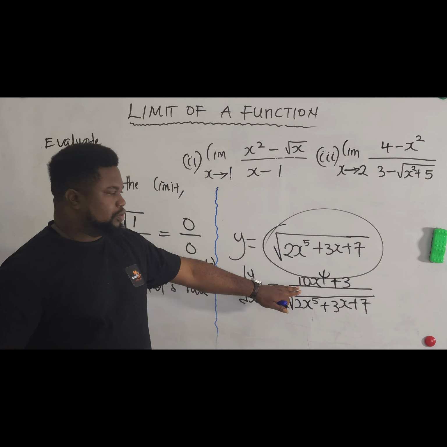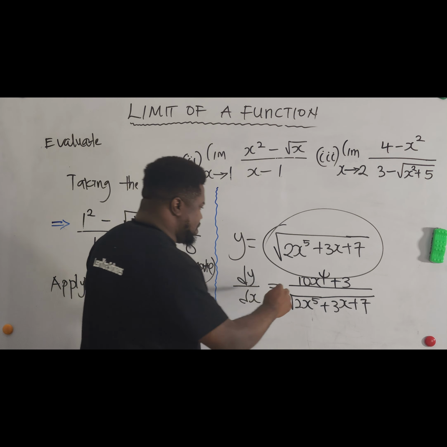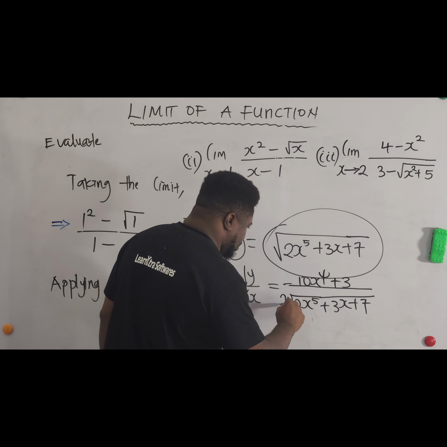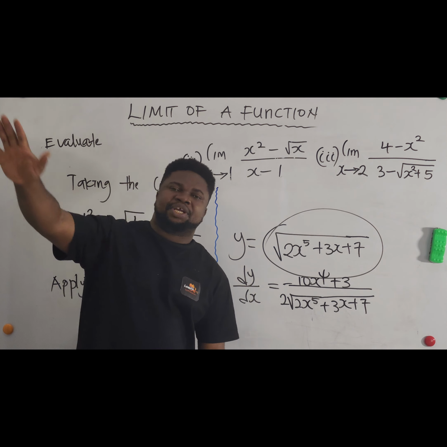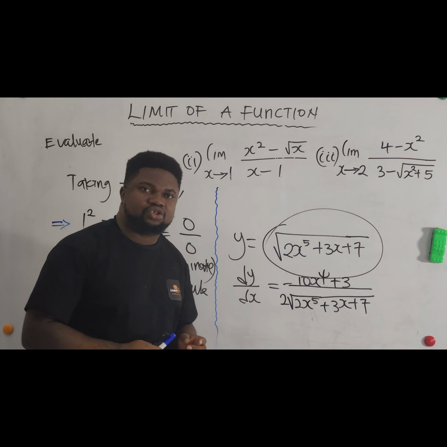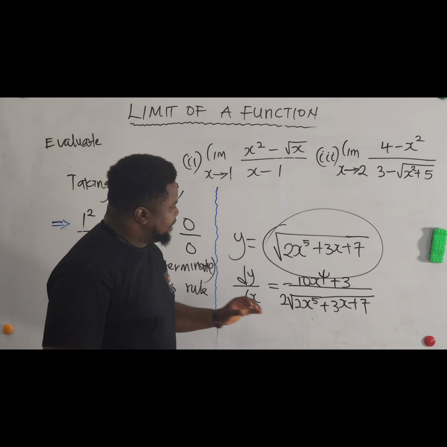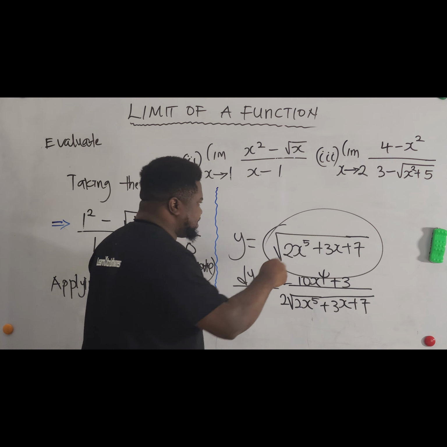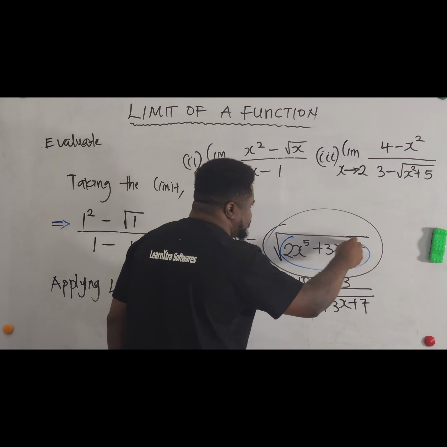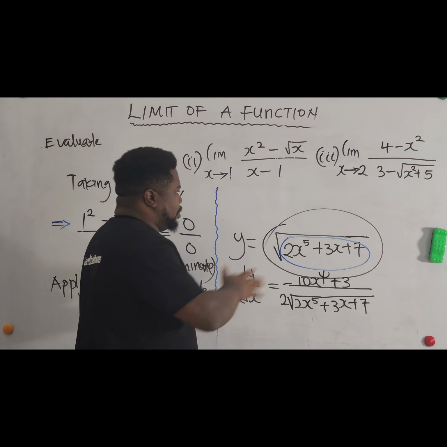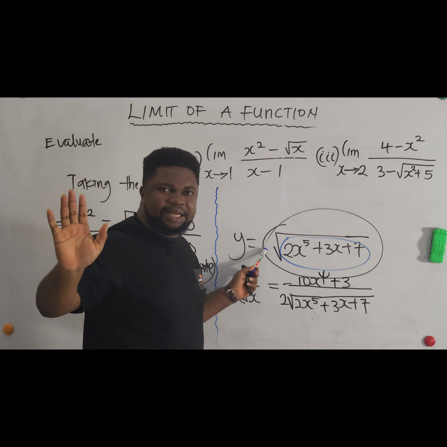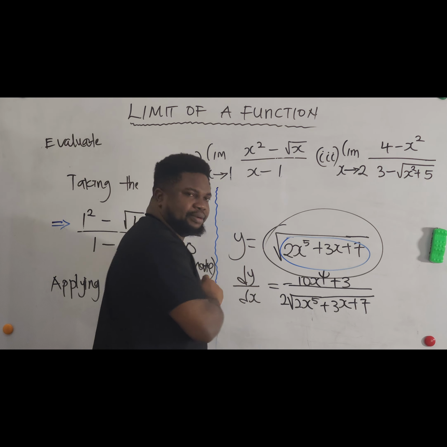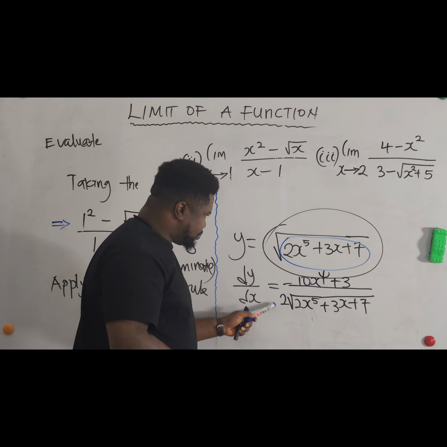We are almost done, because for the square root, you have to attach 2 under here. Anytime they give you a square root function to differentiate, you simply differentiate the content of the square root, keep your answer on top, and put 2 here. Don't ask me why. Always put 2 there, provided it's a square root.